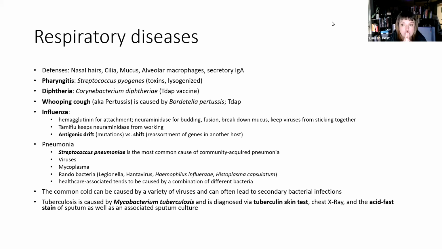So if you have memory CD8 positive T cells to Mycobacterium tuberculosis, when we put that bit of PPD tuberculin under your skin, because it is like a type 4 hypersensitivity, cell mediated, it's going to take a couple days. But within 48 to 72 hours, we will look at the results of that.